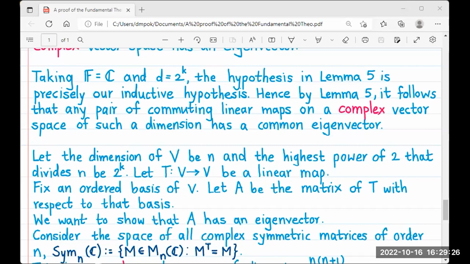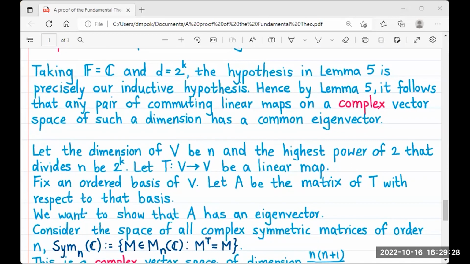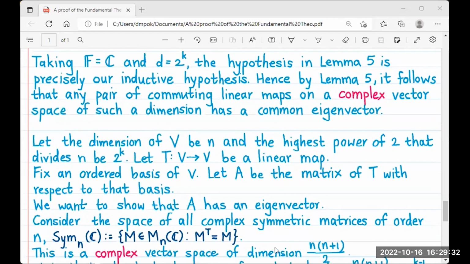And one can see that this is a complex vector space of dimension n times n plus 1 by 2. Now note that our n is such that the highest power of 2 that divides n is 2 to the power k. We are dividing by 2, so n by 2 has the highest power of 2 as 2 to the power k minus 1. And since k is greater than or equal to 1, n is even, so n plus 1 is odd.